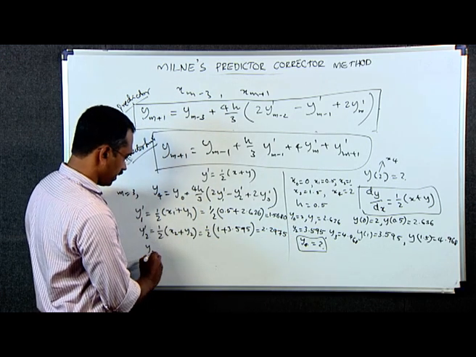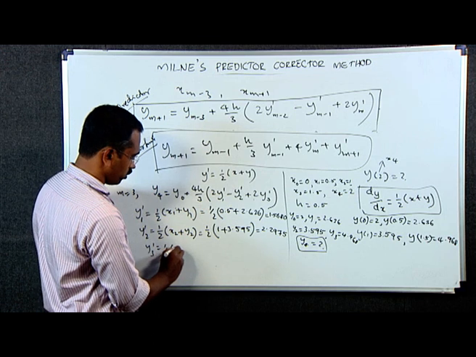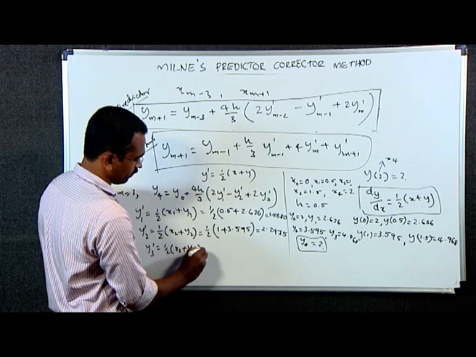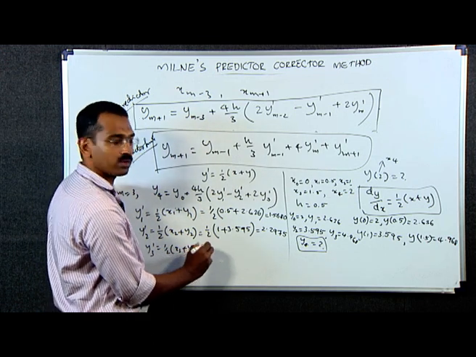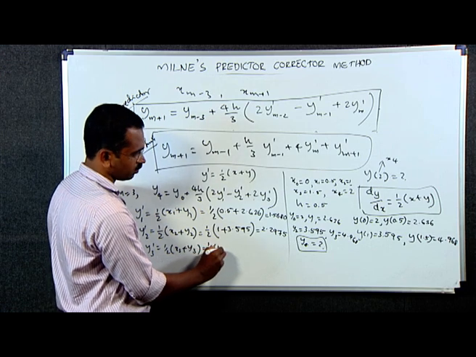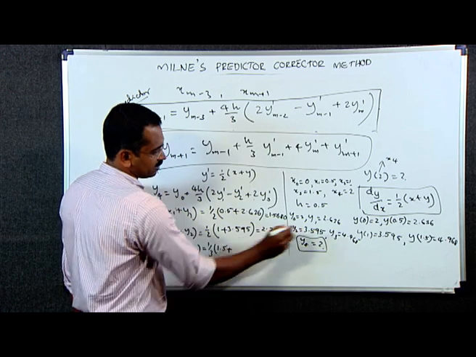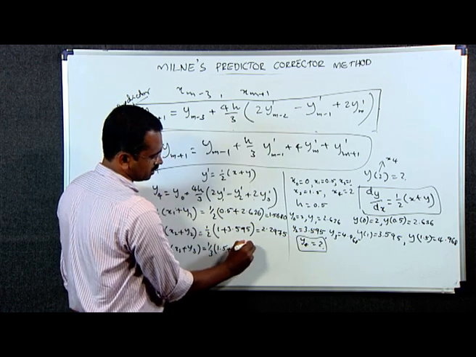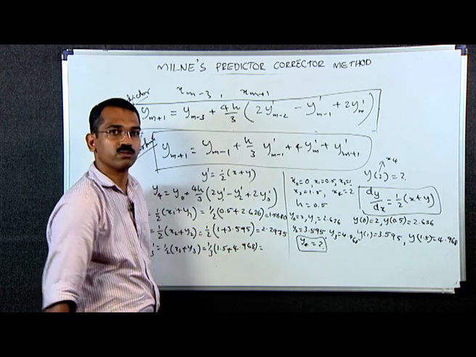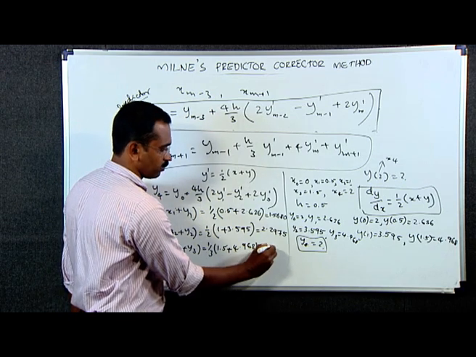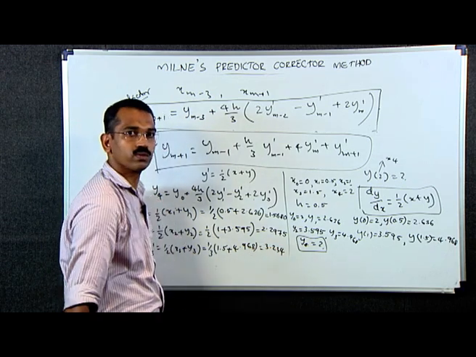Similarly, y3 dash is equal to 1 by 2 into (x3 plus y3), that is 1 by 2 into (1.5 plus 4.968). On simplification, we get 3.2340.